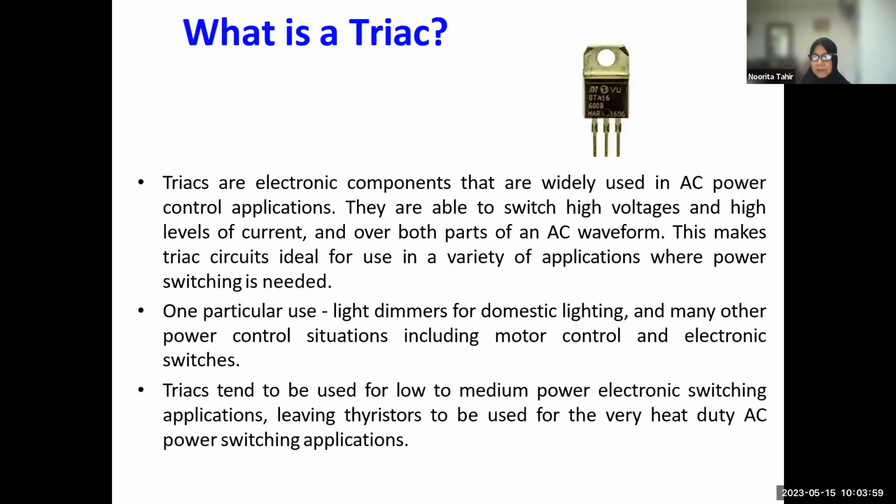The fact that the triac switching action occurs on both halves, which means the first half and the second half of the AC waveform, means that the complete AC cycle can be used, because this is AC.